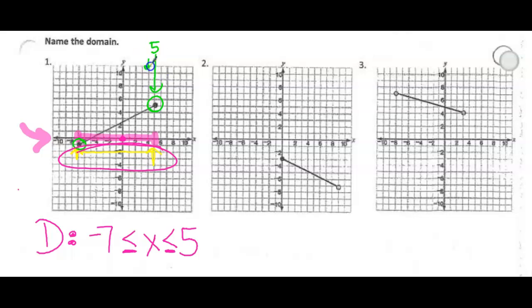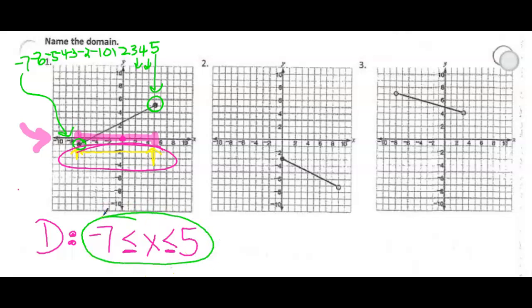Then there's the number 4, then a 3, a 2, a 1, then 0, -1, -2, -3, -4, -5, -6, all the way to -7. So these numbers represent my domain, because the biggest one is 5, and it goes all the way down to -7. So we're going to use less than or equal to symbols there.